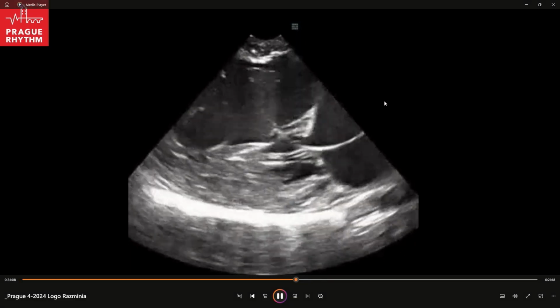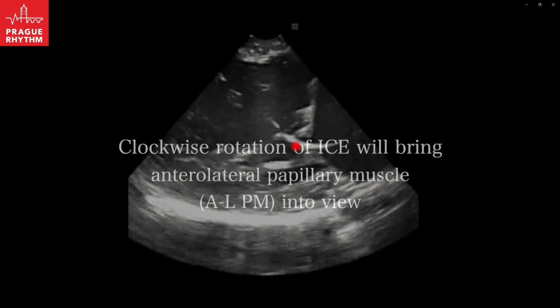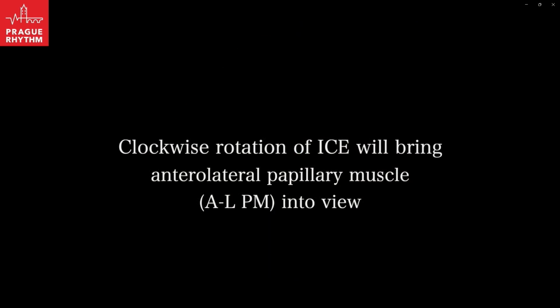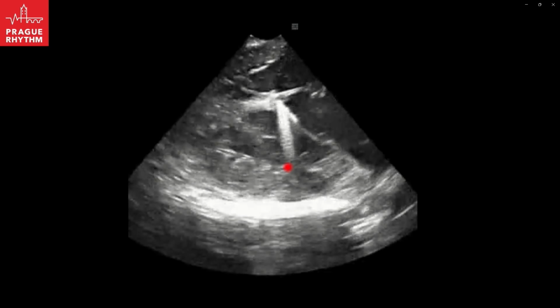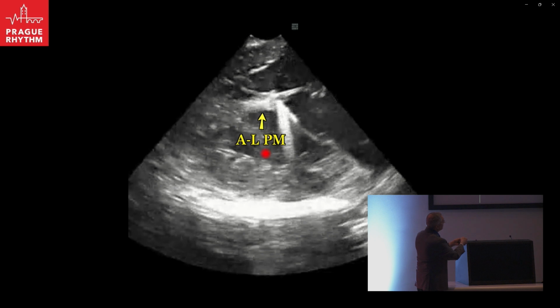If you perform further clockwise rotation, that posterior medial pap muscle would go away, and you're going to have an anterolateral pap muscle, which is right there, and you can see it is anterolateral. It is not sitting on the posterior wall. There is a distance between the anterolateral pap muscle and the posterior wall. That is how you know which papillary muscle is which.